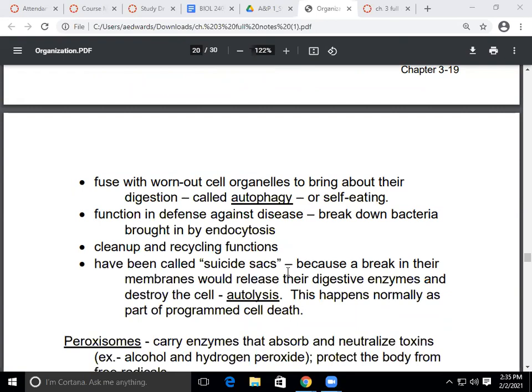Basically, they also have a function called autolysis, where it's called programmed cell death, where cells that are basically in bad shape, there's signals that are released that your lysosomes will just basically destroy them. Okay, and this can happen like with cancer and other types of situations. All right, and also just cells have a certain number of divisions. So after a certain number of times they divided, they tend not to work optimally anymore, and they can go through this process.